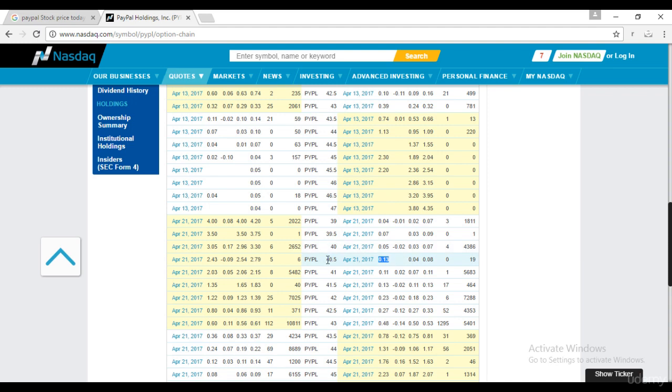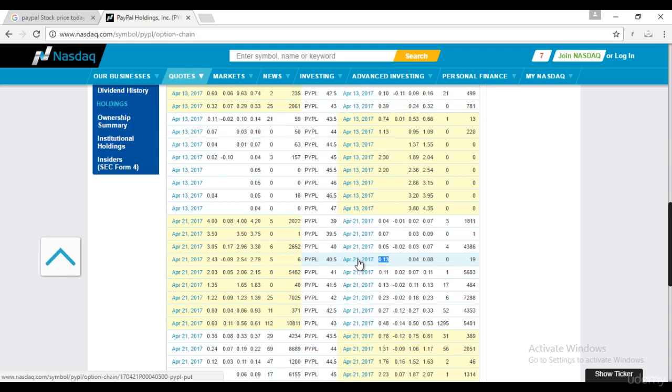Now on a $40 stock, 1% would be 40 cents, right? Now it's 13 cents. That means 0.3% return. Now April 21 is just 15 days. So that means on a monthly scale, you're making 0.6%.